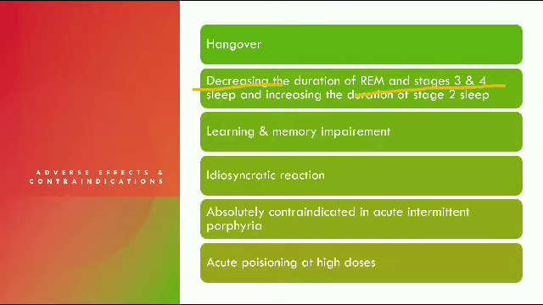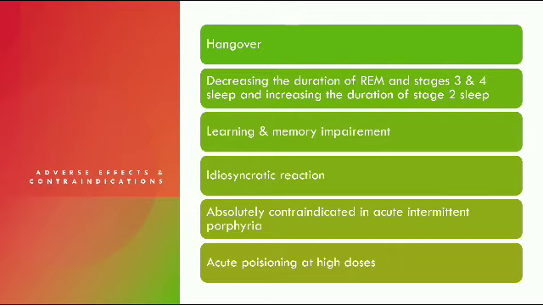So it decreases the duration of REM, and it also reduces stage 3 and stage 4 sleep, whereas it increases the duration of stage 2 sleep. So how do barbiturates interfere with the sleep pattern? It increases the stage 2 sleep duration, whereas it decreases the duration of REM as well as stage 3 and stage 4 sleep, thus disturbing a patient's sleeping pattern.